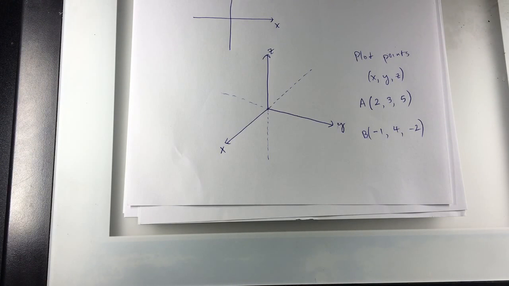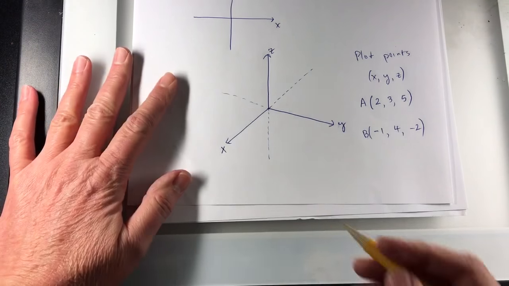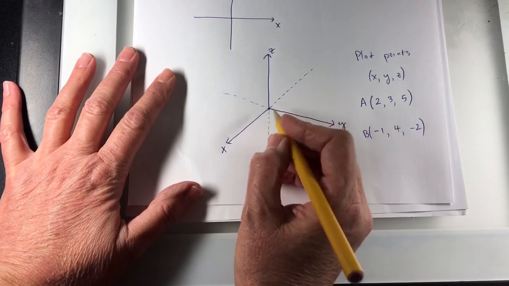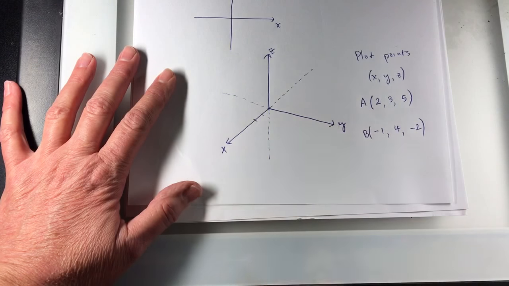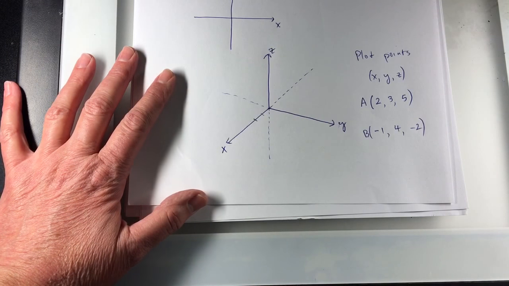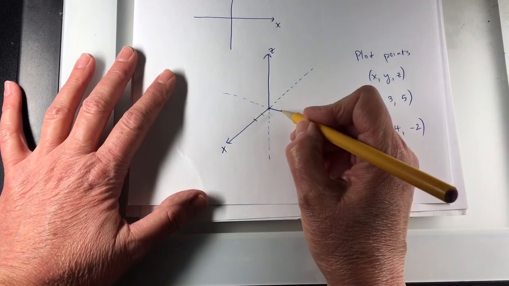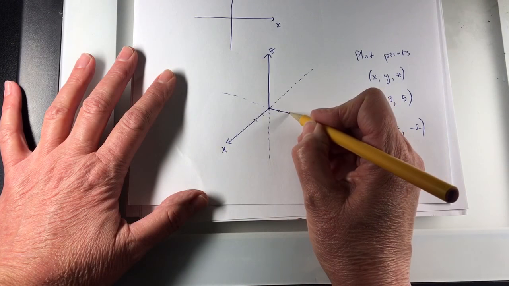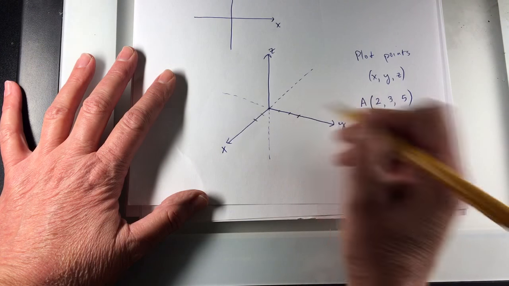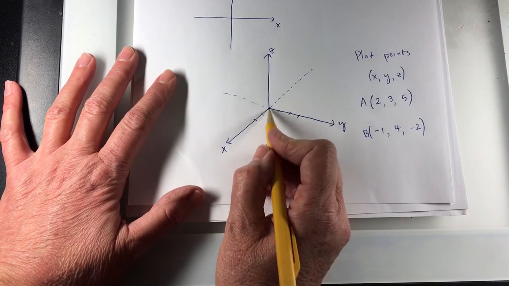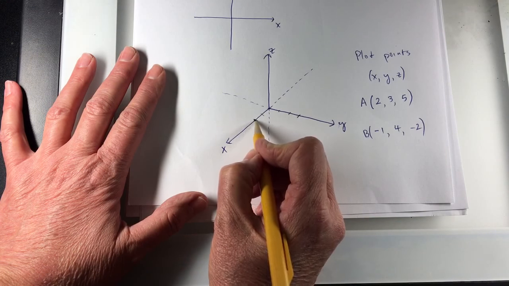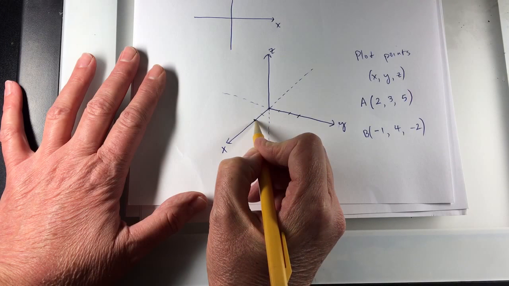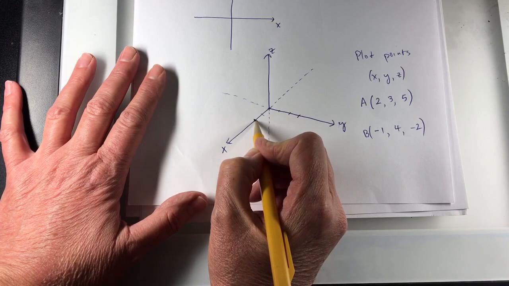So if I'm going to plot A, I'm going to come on the x-axis, mark off 2 units. Now I want to try to use the same markings. You might have a reason to use different markings, but what I'll do is come to 2 on the x-axis. Now, if I stopped right there, what are the coordinates of that point? 2, 0, 0.